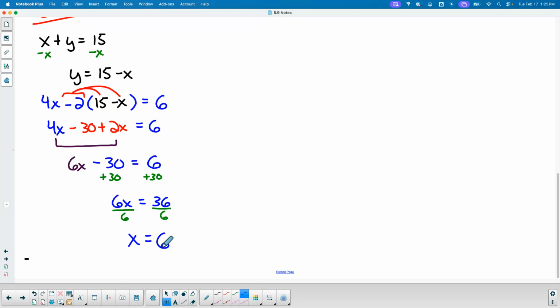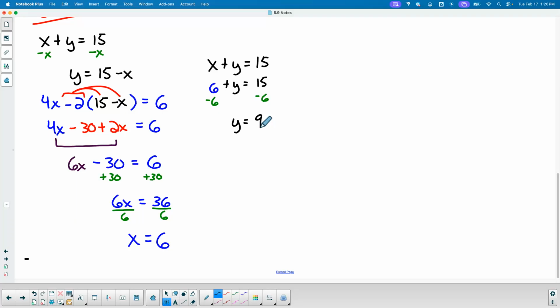If she's capped 6 bottles, then I can plug that back into x plus y equals 15. So now I can say that 6 plus y is 15. So I can subtract 6. How many bottles has she broken? She's capped 6 bottles. She's broken 9 bottles. I mean, she's had 15 bottles go by her, right? So that's satisfied my first equation.